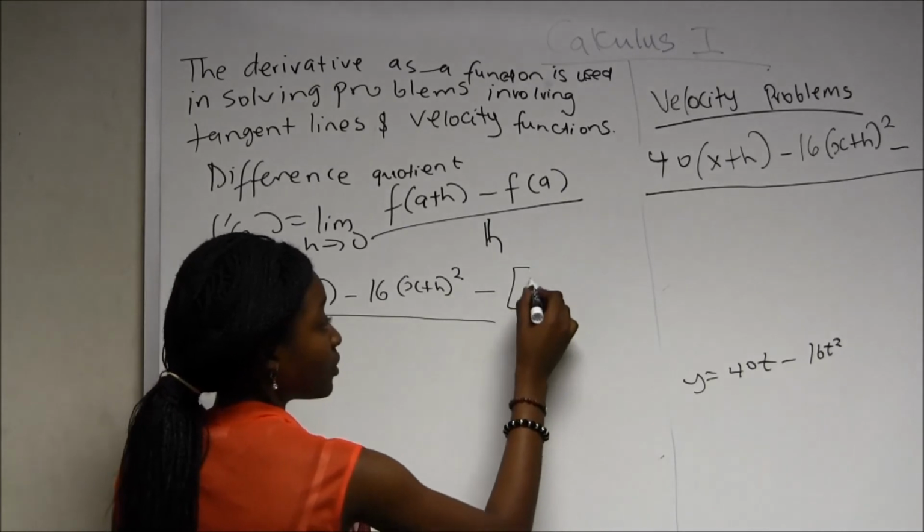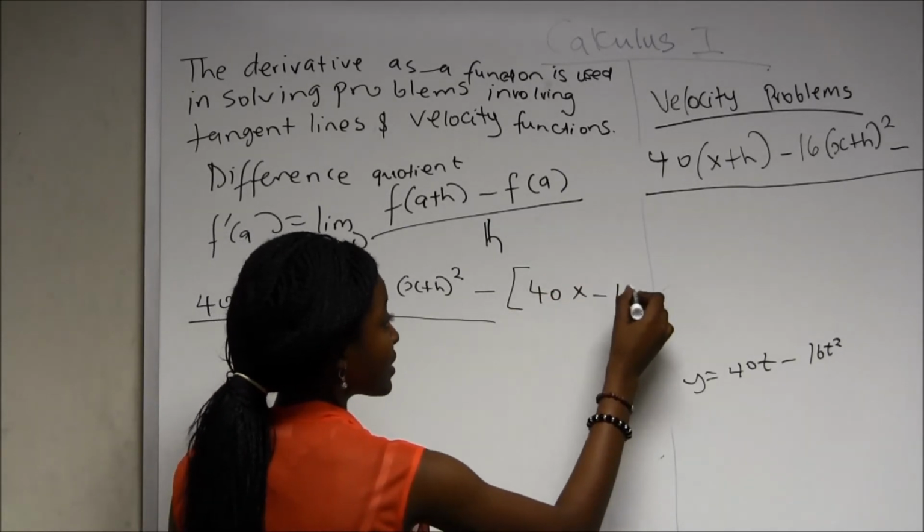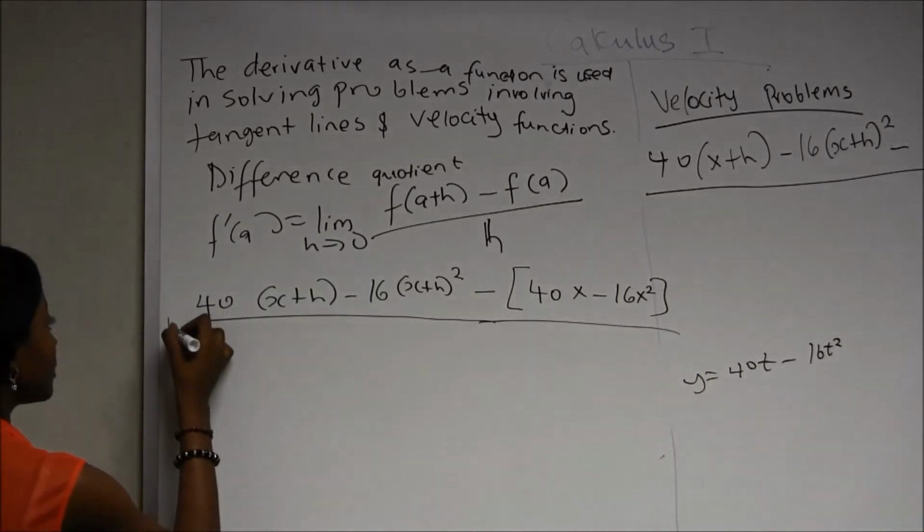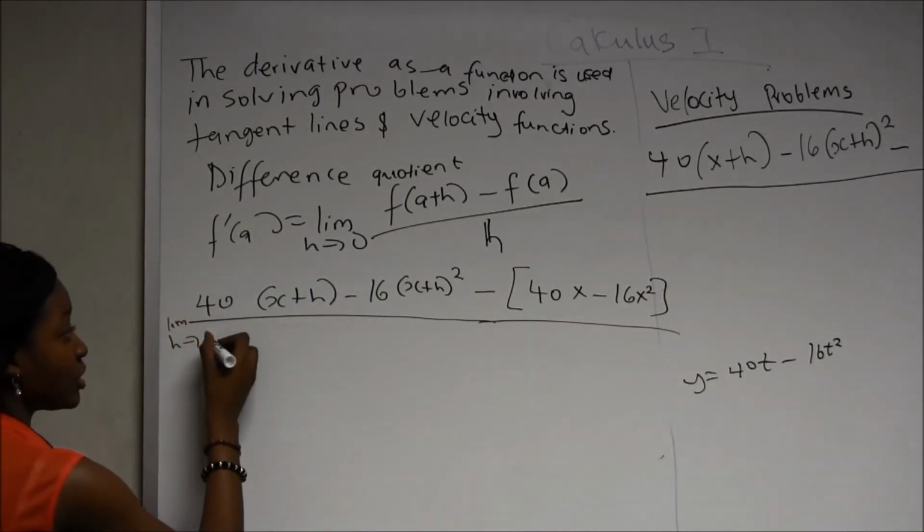So I have 40x minus 16x squared, as the limit of h approaches 0.